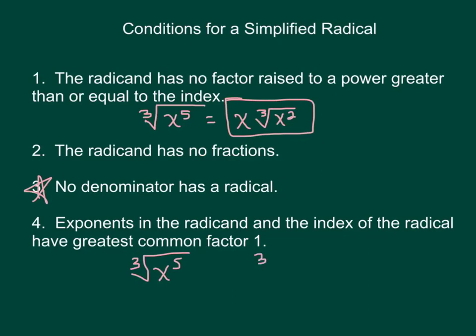Now if I had 3 and x to the 9th, well, 3 and 9 both have common factors of 3. They're both divisible by 3. So I could simplify this, and that's actually just simplifies to x to the 3rd.